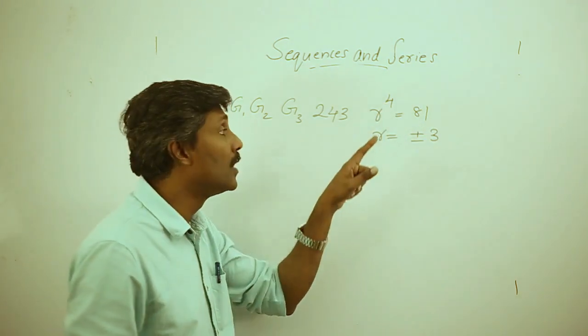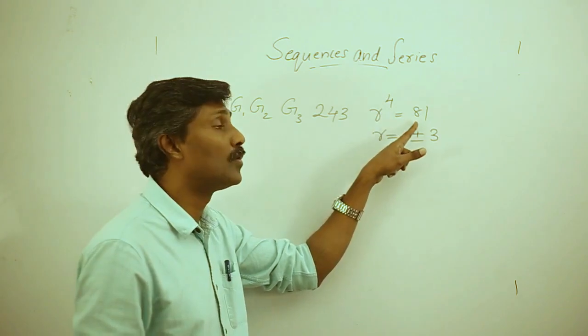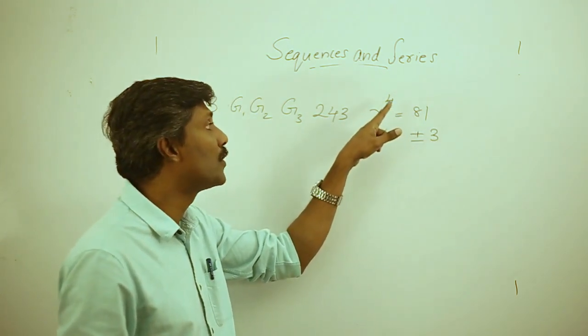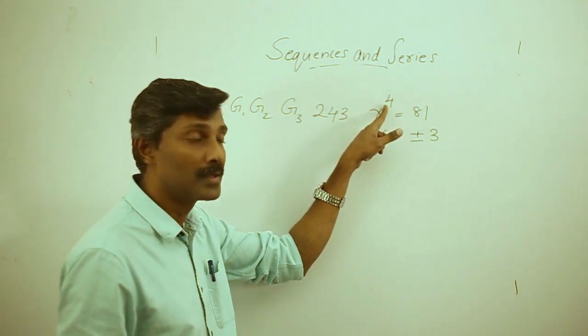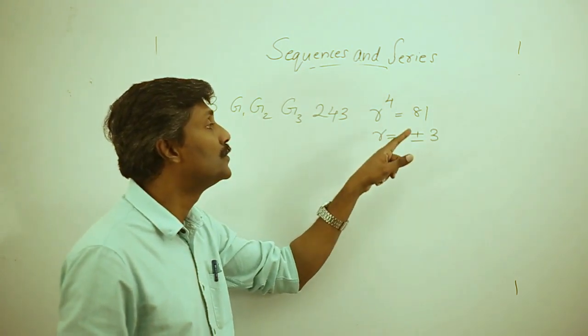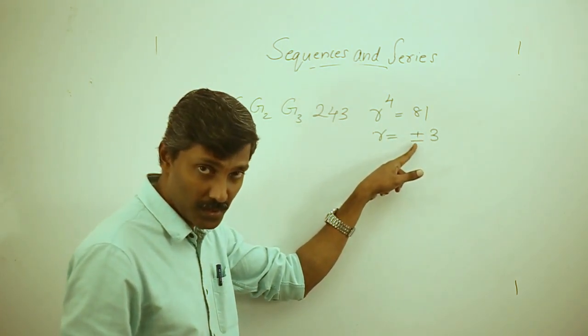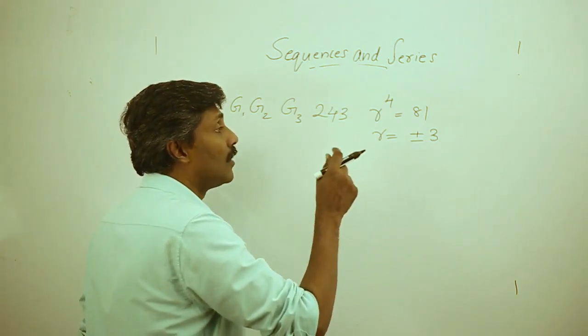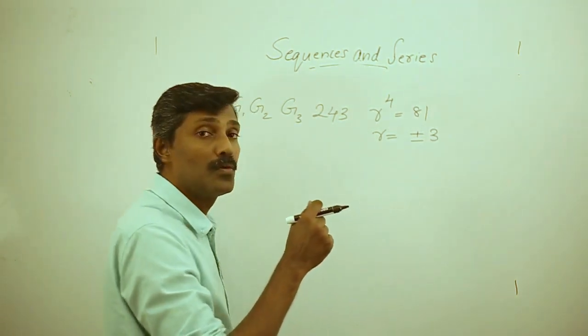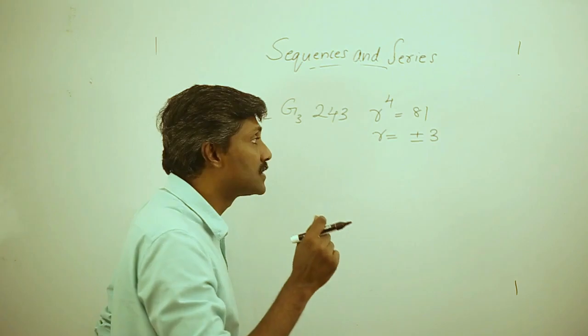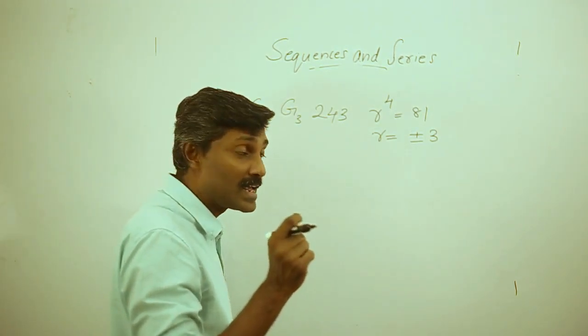At the same time, minus 3 the whole raised to 4 is also 81. So when you have an even power, always make sure that you take the plus or minus value. We already got the sequence for R equal to 3, but we have to consider the sequence for R equal to minus 3 as well.